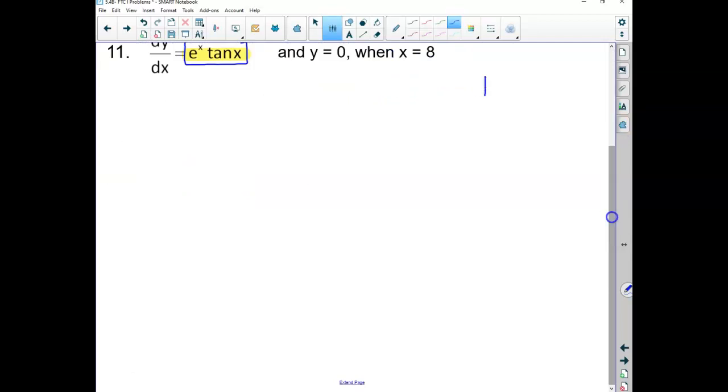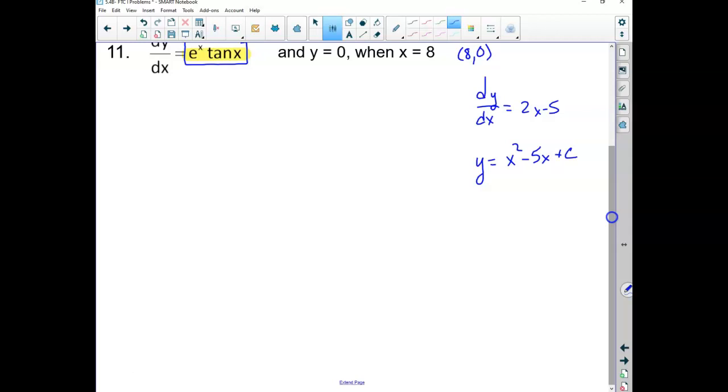So let's say I had dy dx, and dy dx equaled 2x minus 5. Well, I know the antiderivative of that. That's y equals x squared minus 5x plus some constant c. And if they say when y equals 0 and x equals 8, that's the ordered pair 8, 0, so y is 0 when x is 8.